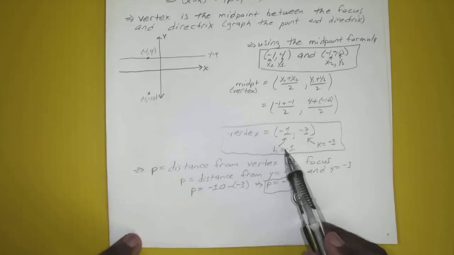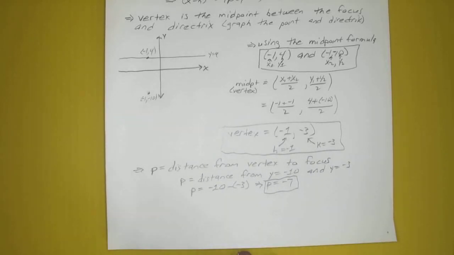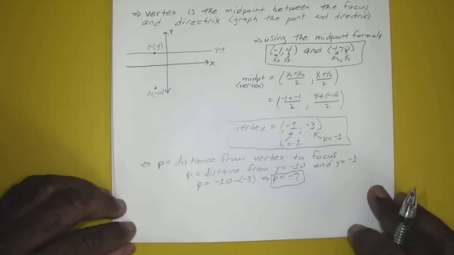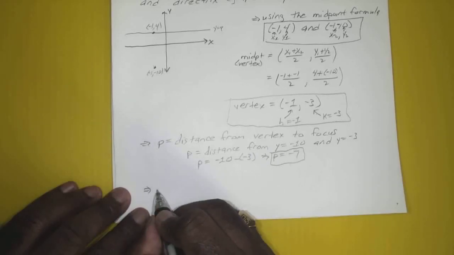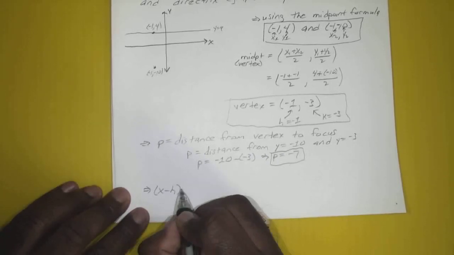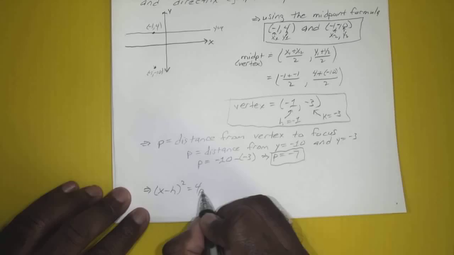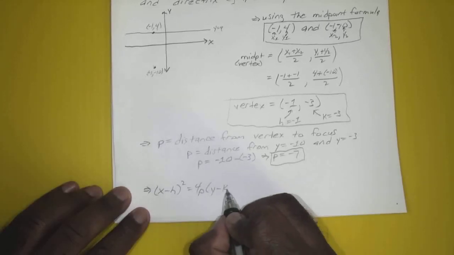So we have our h, we have our k, and we have our p. Once you have all three of those, you just plug them right into your formula. We know that x minus h squared equals 4p times y minus k.